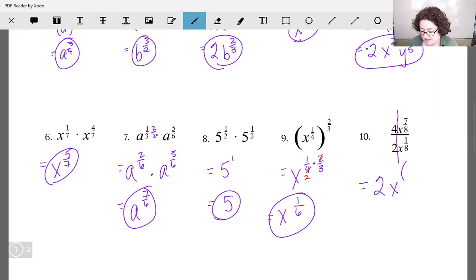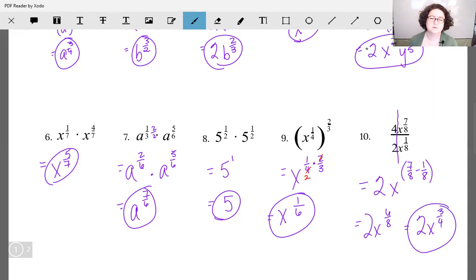So my thought process is 7/8 minus 1/8. But wait a second, that just comes out to 6/8. And can't I reduce that fraction? So that's really 2 times x to the 3/4. Completely reduced version, no fraction left whatsoever.